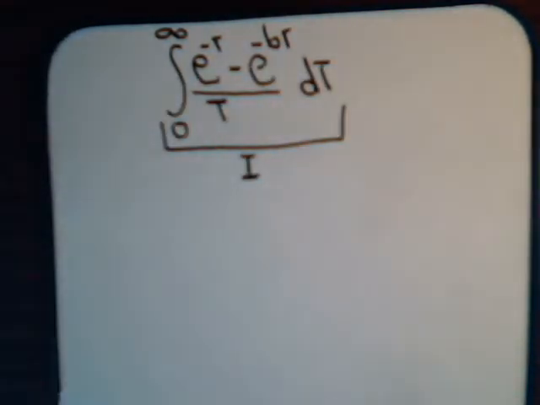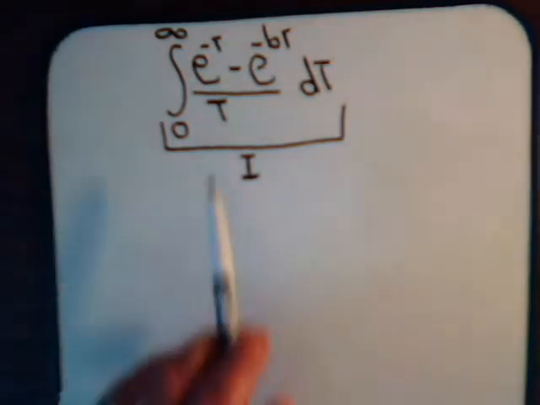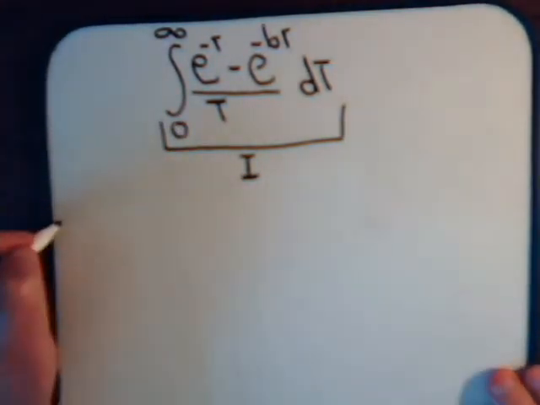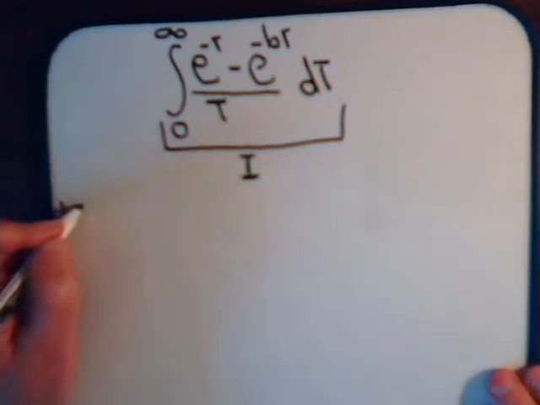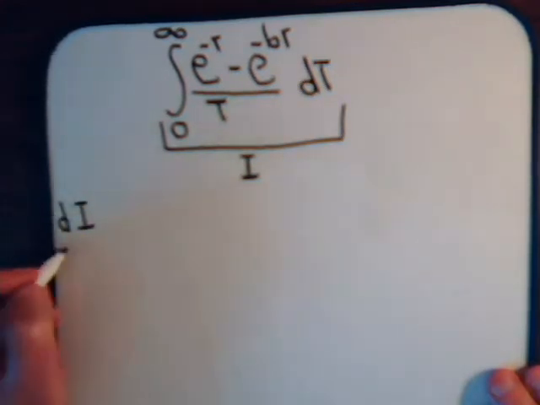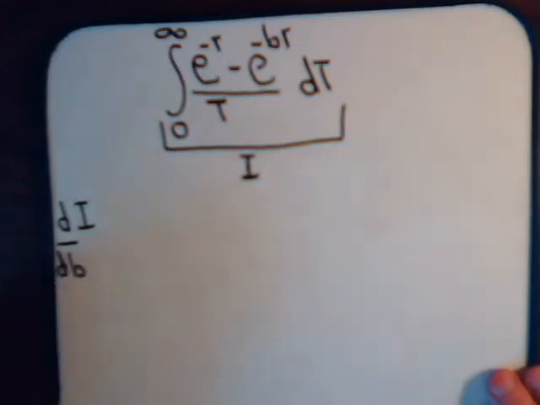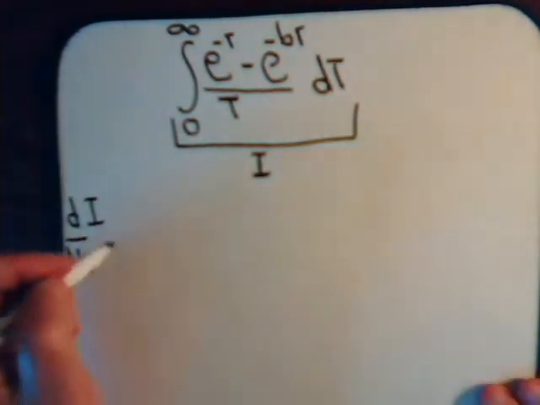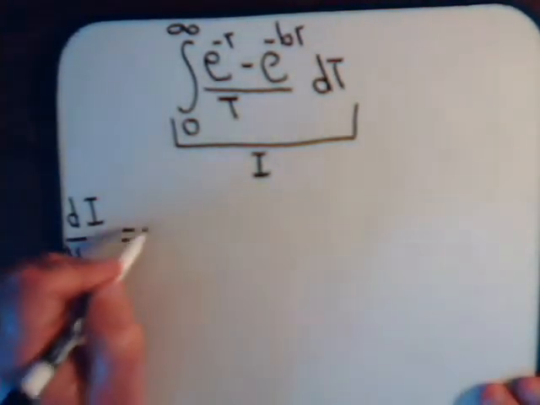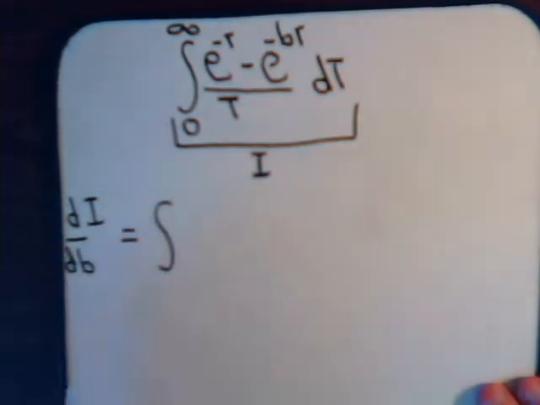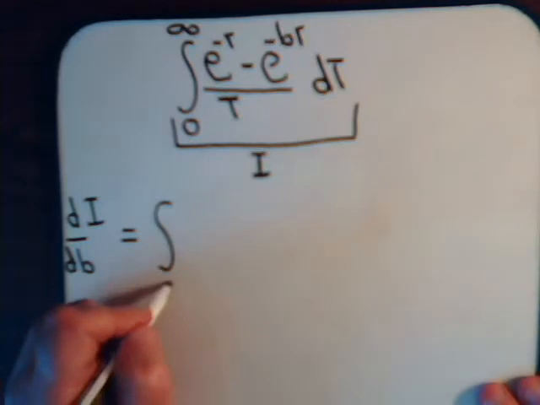So if we take the derivative of that integral with respect to b, that would just be moving the differentiation process inside of the integral.